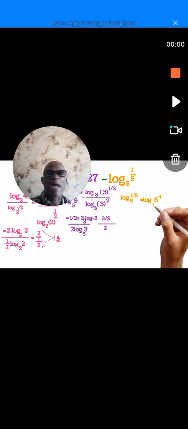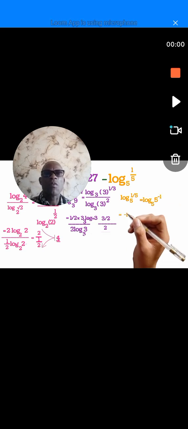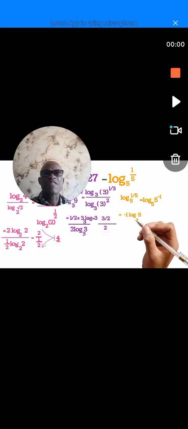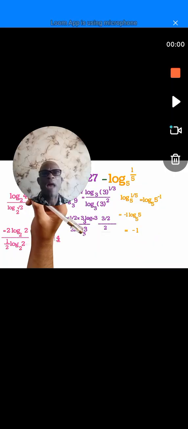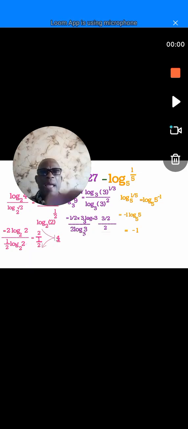Then the last one is log 1 over 2 base 5. It's already in base 5. So we just evaluate it. It becomes minus 1 log 5 base 5, which is what? Minus 1.